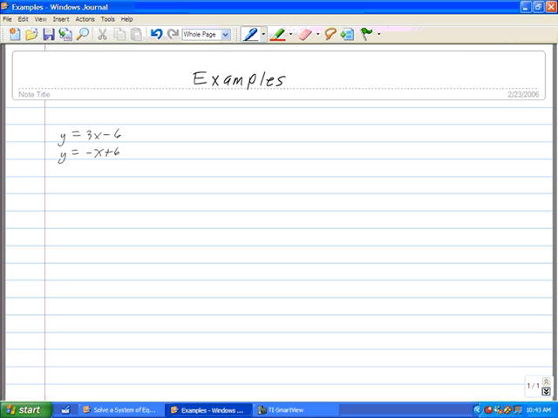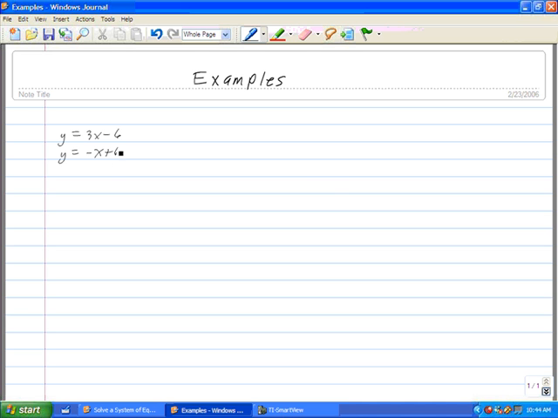There are other ways to solve, which we will also get into later on, but graphically is probably the easiest because we're going to be able to use our graphics calculator. Of course, it's not the absolute best for every situation, but if your answer is a nice integer type answer, then the graphical approach will be just fine.